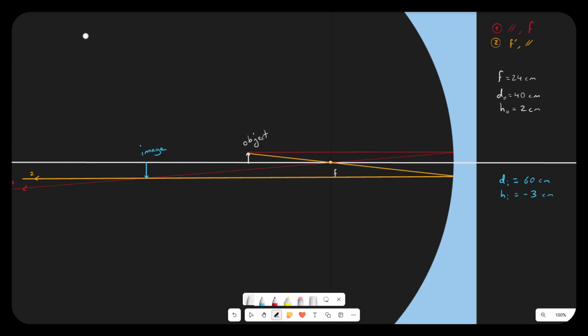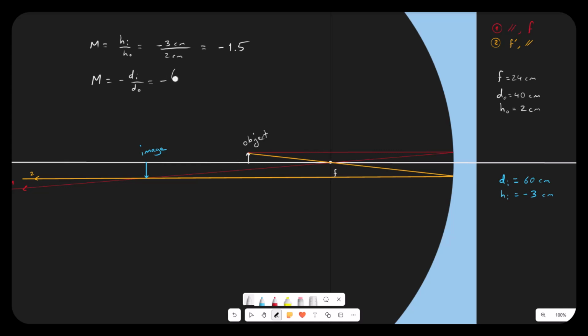And I'm going to do my magnification calculations. Magnification, H_I over H_O, is negative 3 centimeters over 2 centimeters, which gives me a negative 1.5 for my magnification. I want to check it against the other version, negative D_I over D_O.